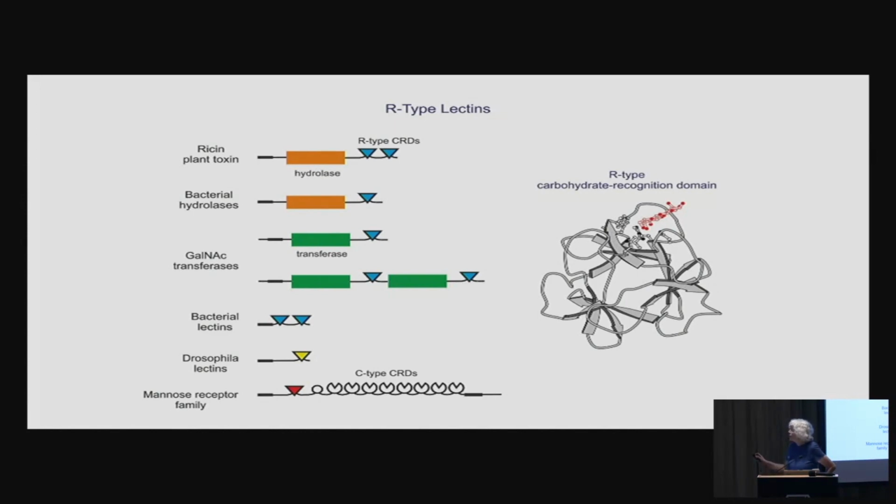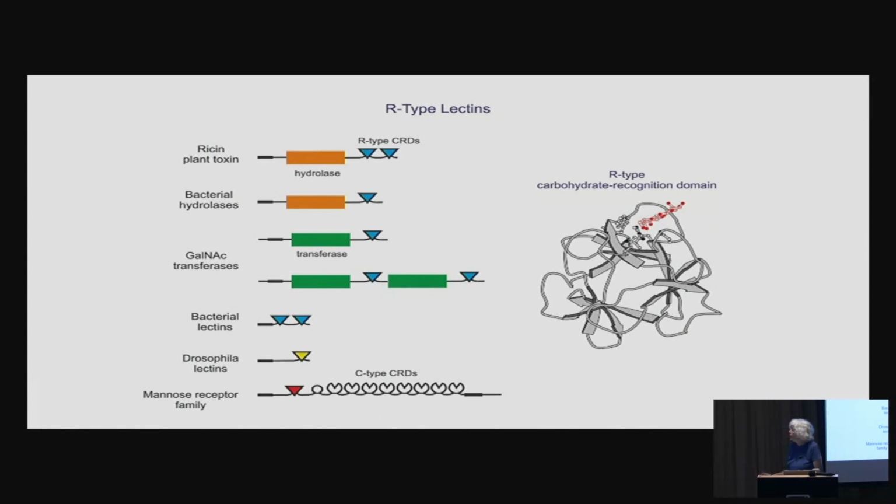This typically binds galactose or N-acetylgalactosamine and its derivatives. And you find these in bacterial enzymes. Again, this domain is like a targeting domain which can bind the sugar, and then the hydrolase domain acts upon it.